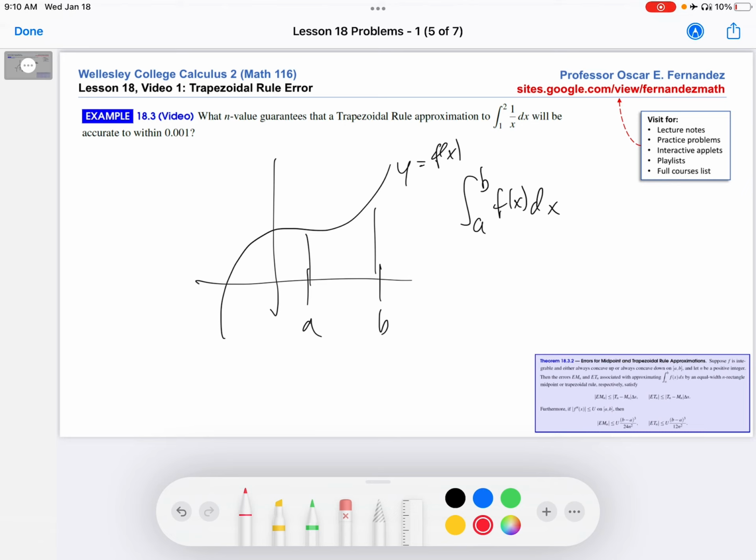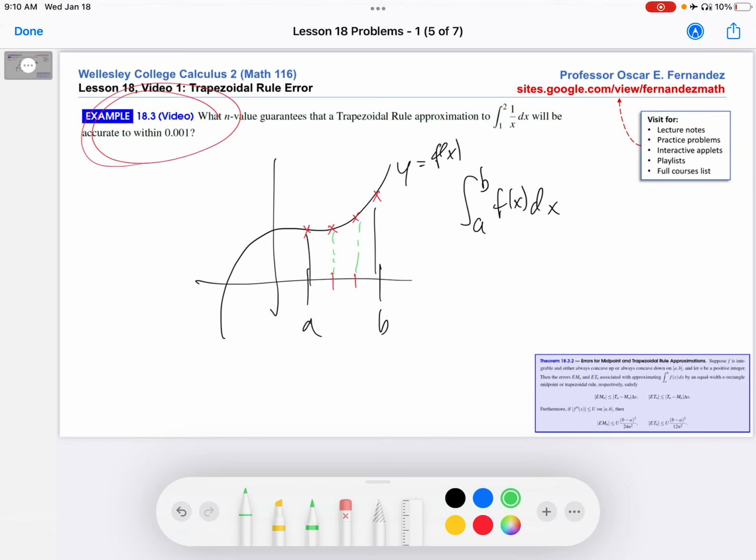The trapezoidal rule says we're going to approximate this by using trapezoids. There's various ways to introduce the trapezoidal rule, and we have formulas for that, and all that information is contained in the lesson notes for lesson 18. But just to simplify matters, let's say I subdivided AB into 3 equal subdivisions. Then we would have these y values of the function at those corresponding x values.